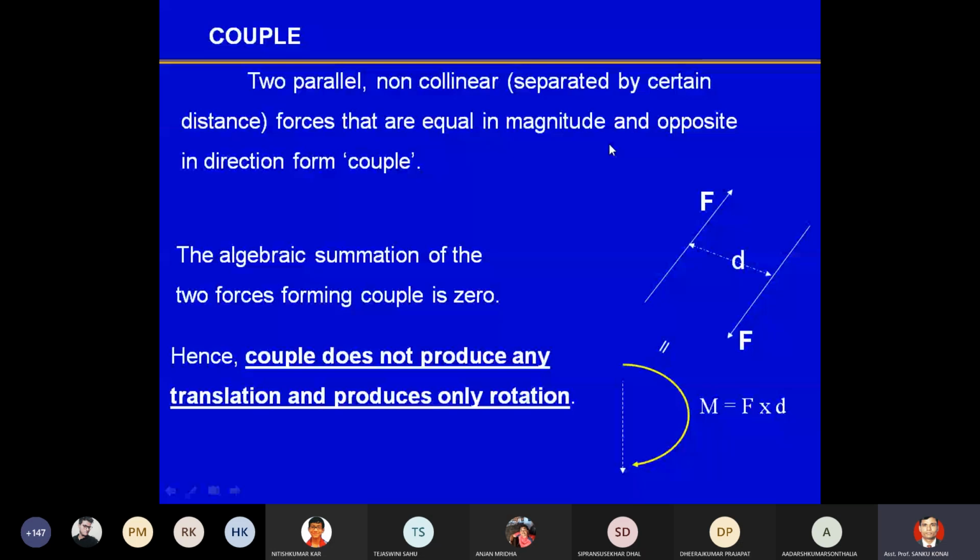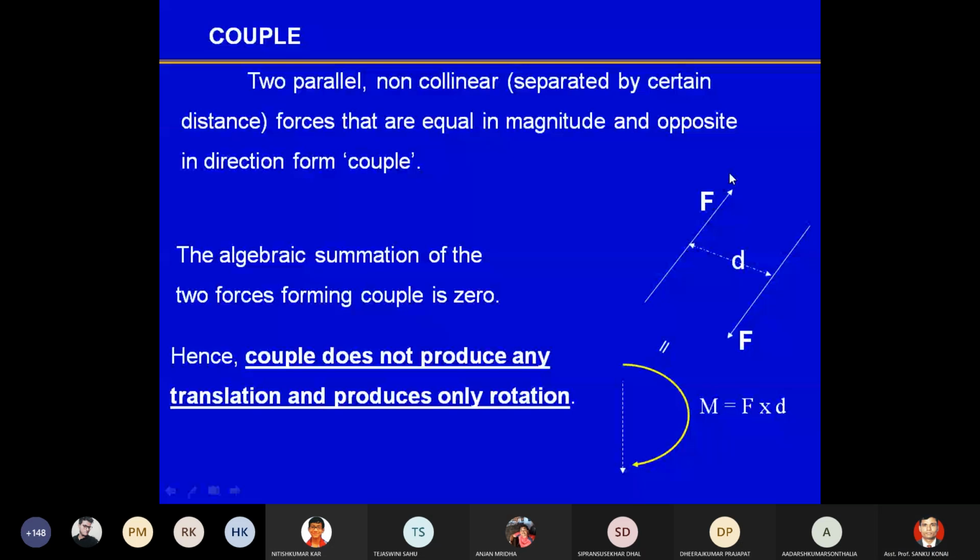So what is a couple? Let's say you have a force like this, and there is another force acting at distance d from the initial force, with the same magnitude but in opposite direction. The algebraic summation of these two forces forming the couple is 0. If you consider this positive and this negative, the summation of forces will be zero.